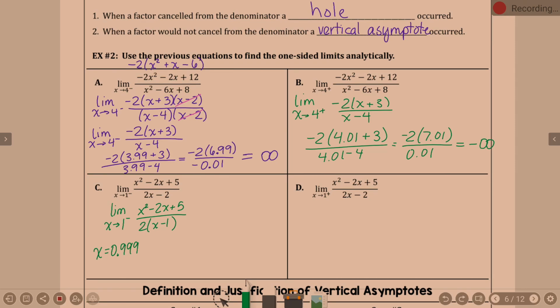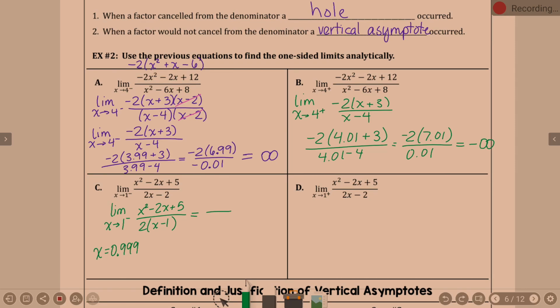We don't have to have exact numbers here. We just generally have to decide what my denominator is going to tend towards. 0.999 minus 1, that's almost 0, but it's a negative, yes?